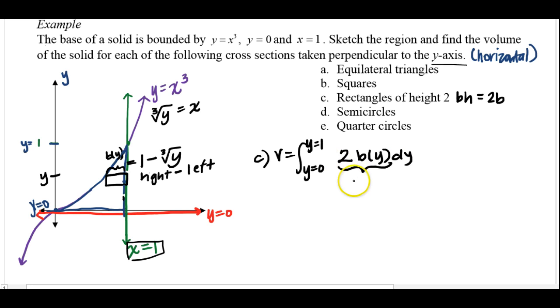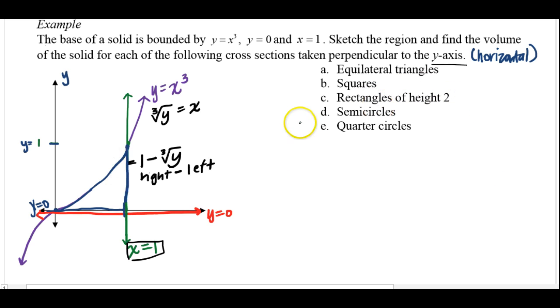So here is my generic area formula for the rectangle of height 2, and b of y is still 1 minus the cube root of y. So we have the integral from 0 to 1 of 2 times 1 minus the cube root of y dy. So this is the setup to find the volume of my 3D object with rectangles of height 2 as the cross section. And now we'll go ahead and do parts D and E together.